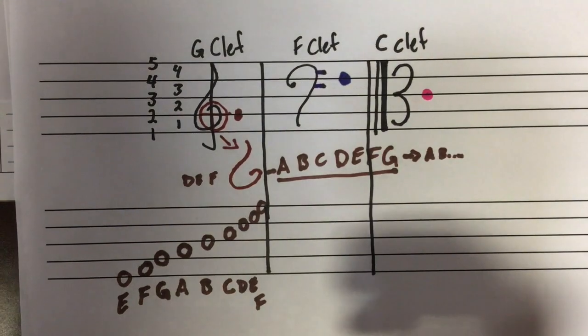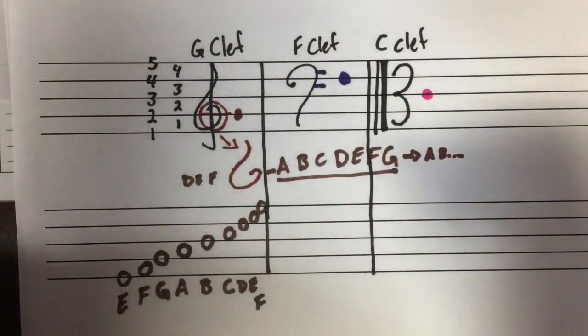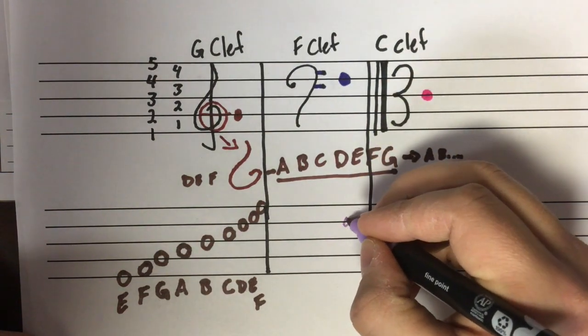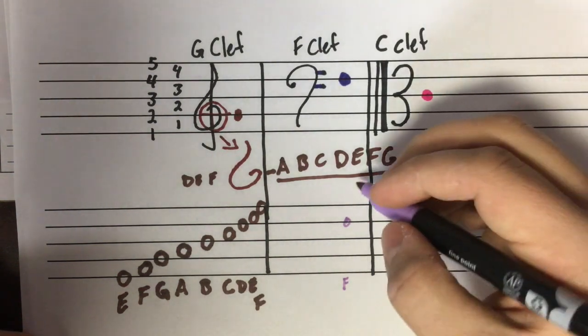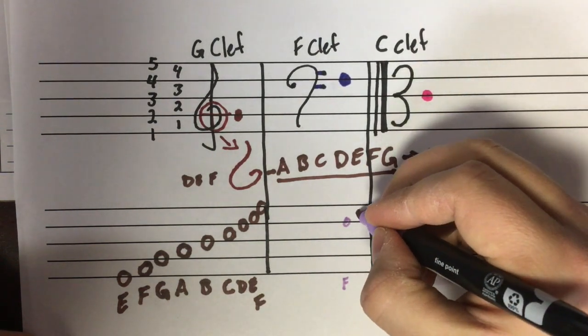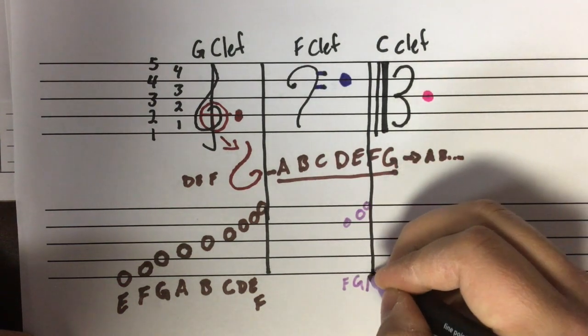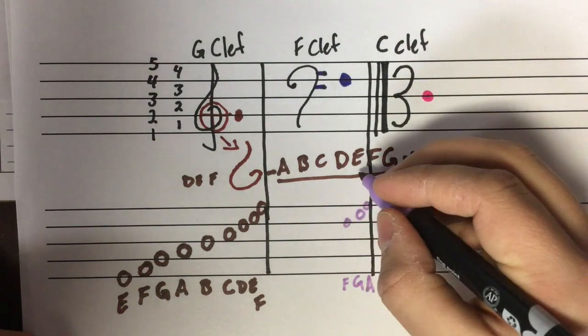Now let's look at the bass clef pitches. The bass clef pitches, of course, remember we're going to start from the fourth line. So the fourth line we know already as F. Okay? Now we're going to go forward in the alphabet. The next one has to be G. Then finally the top line is A. Let's go backwards in the alphabet.